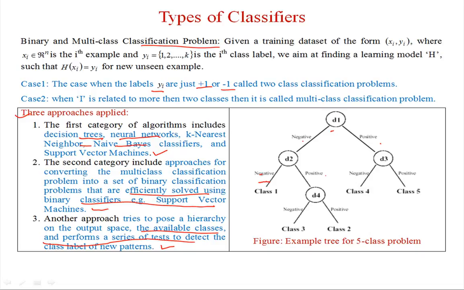The highly negative sets are represented as one class, again classified as negative and positive. This is class 3. Again positive, class 2. Again these positives are divided into two classes. So this is the process of dividing a multi-class classification into a binary classification system.